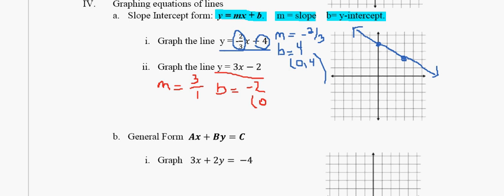And my y-intercept is negative 2, which is the same as the point 0, negative 2. So I graph my y-intercept first, point first, then slope. Then I'm going to rise 1, 2, 3, run 1, and connect with a line.